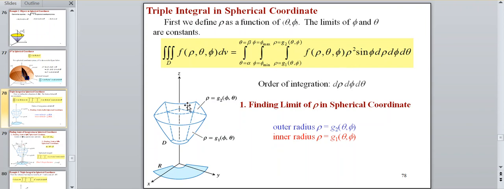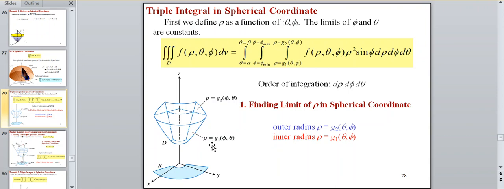Let's say this is our boundary region D. Usually we have a surface from below which is nearer to the origin, and from above we have another surface which is located further from the origin. So now we have to mention the equations of these two surfaces, the one nearer and the one further, such that rho is a function of phi and theta.